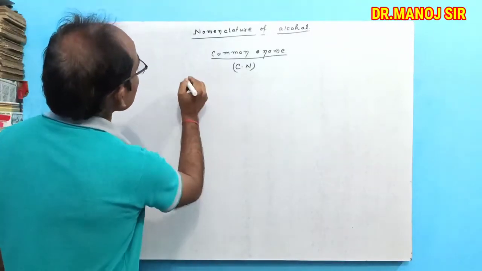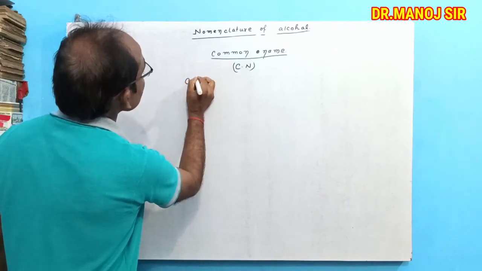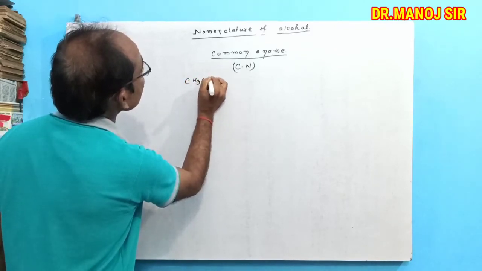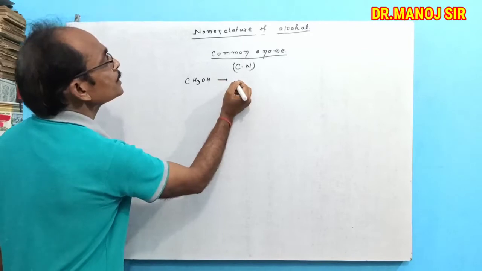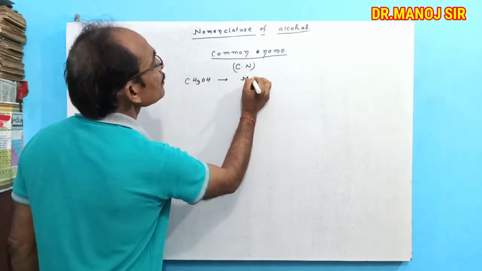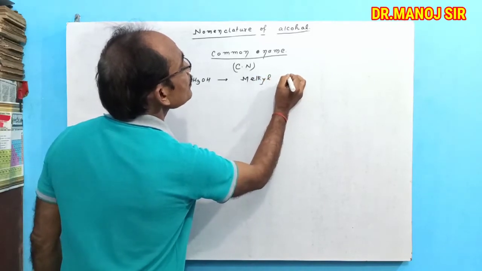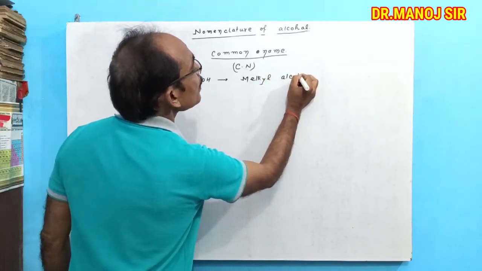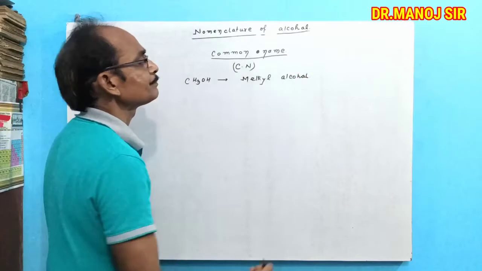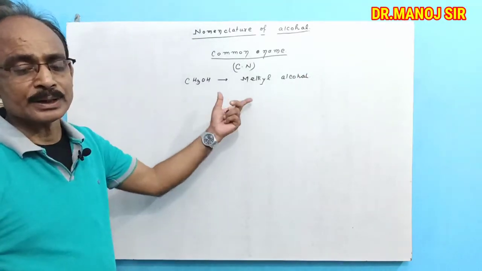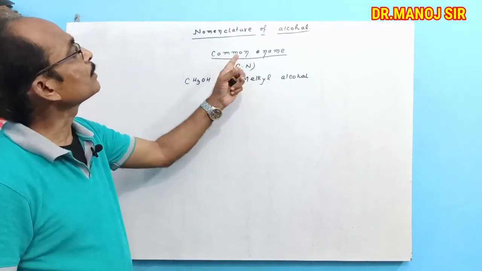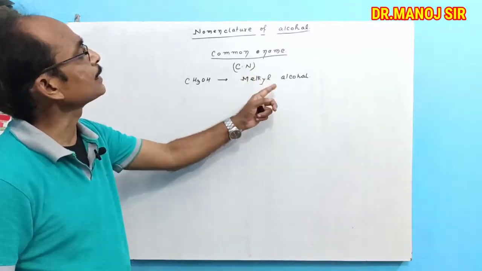For example, CH3OH is methyl alcohol in common name nomenclature.